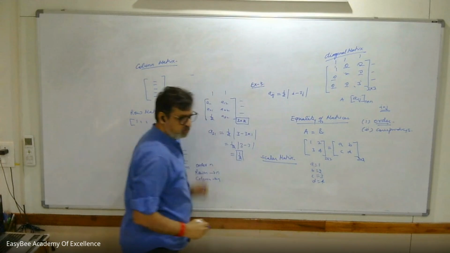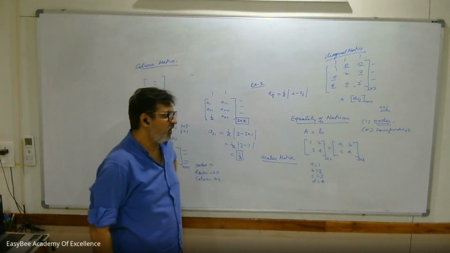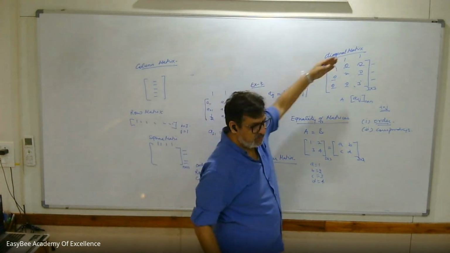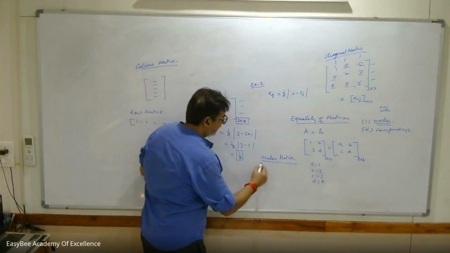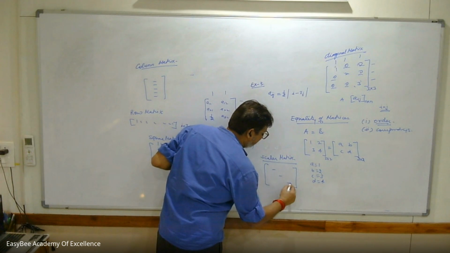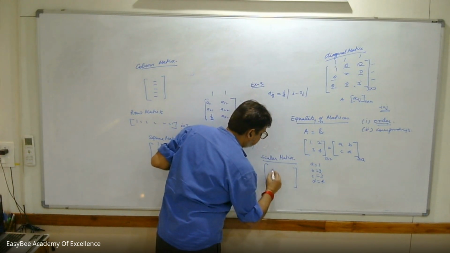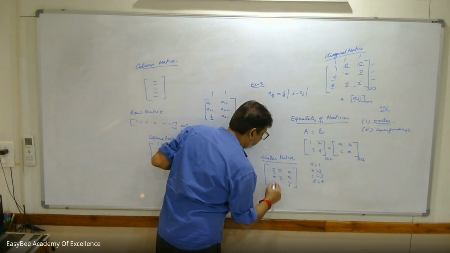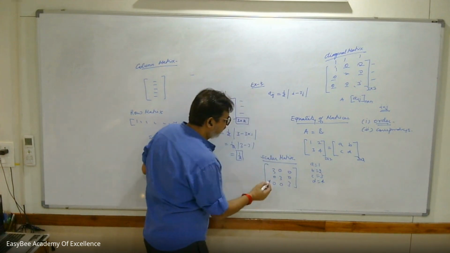So what is a scalar matrix? First of all, it has to be a square matrix. Then it has to be a diagonal matrix. But in a scalar matrix, all the diagonal elements are the same.